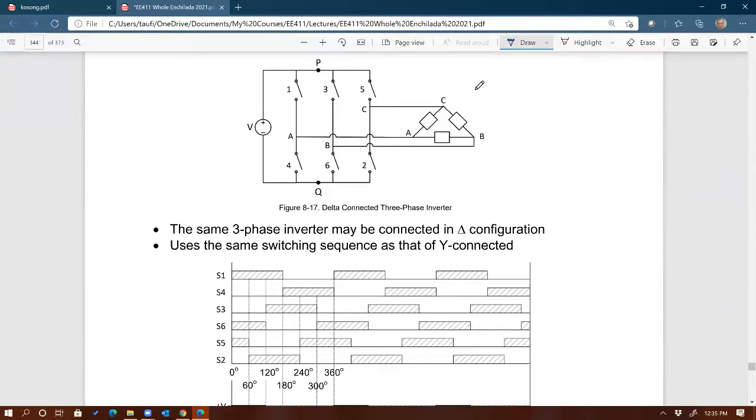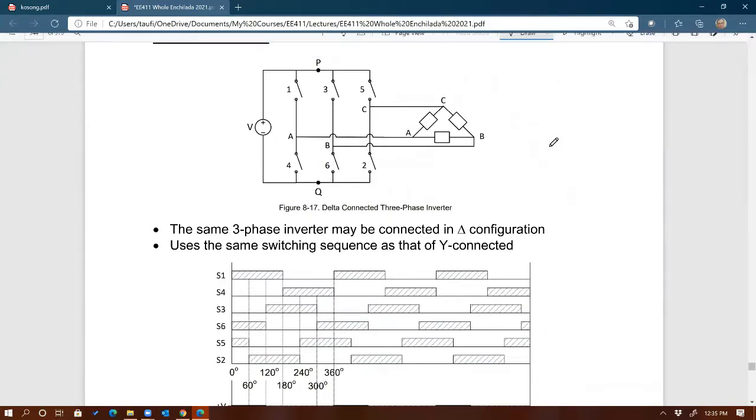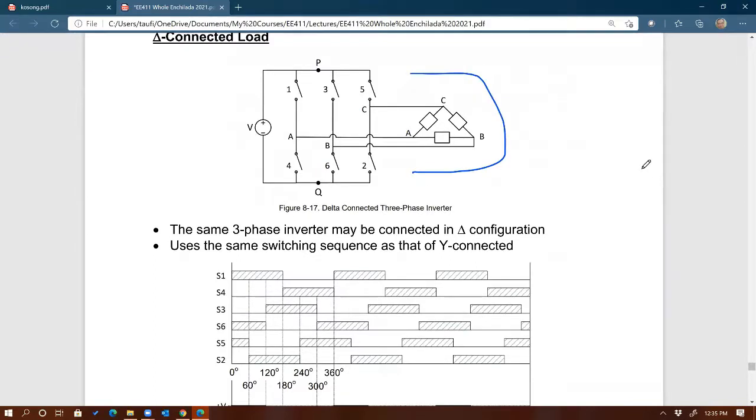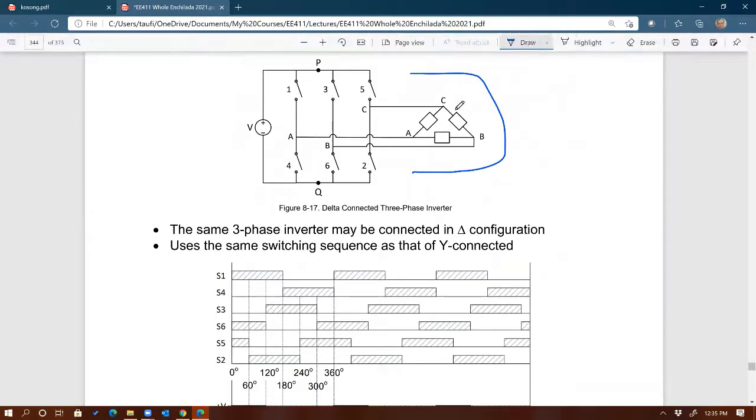Delta connected is the same way. I'm not going to go through this in detail because it's the same concept as the Y connection, except now you look at the load. These are all delta connected. The way I drew it, it's clear that this is delta.